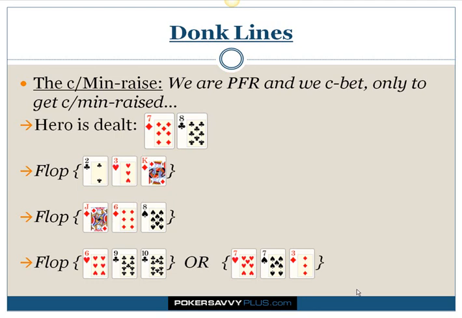The only problem with it, very similarly to the last situation, is that it can be quite costly and in some situations best left until we actually have reads on what a check min raise means, probably more so than the donk lead, because a check raise, whether it be a check min raise or a normal check raise, is typically stronger than what a donk lead actually is.